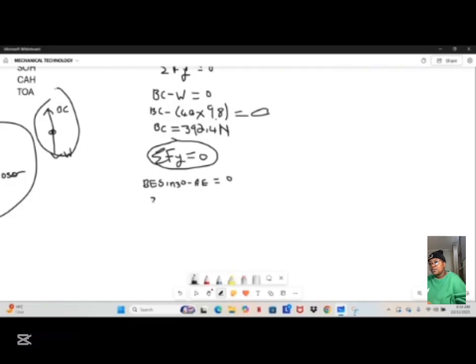Correct. Okay, so this is the thing. AE is equal to, let's calculate, 392.4 sine of 30, which is going to be 196.2. 196.2.